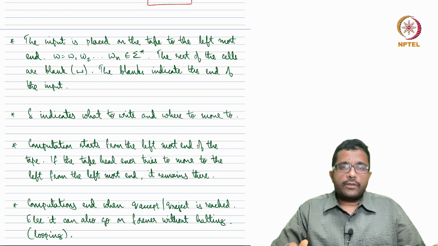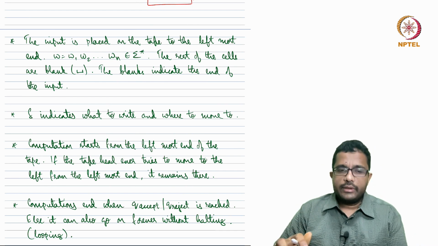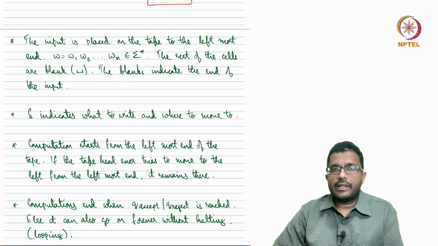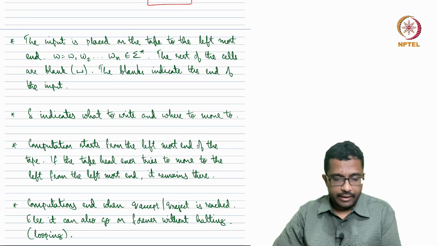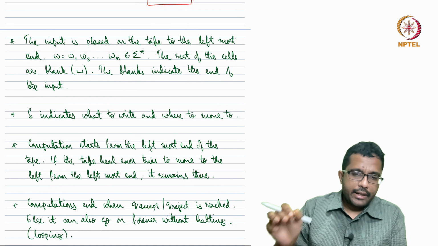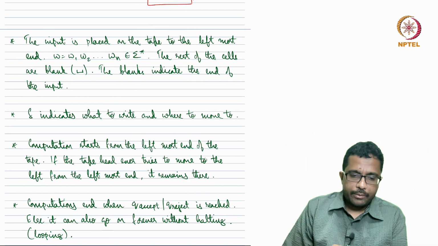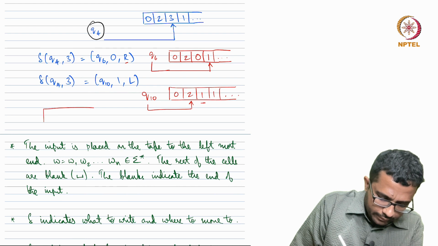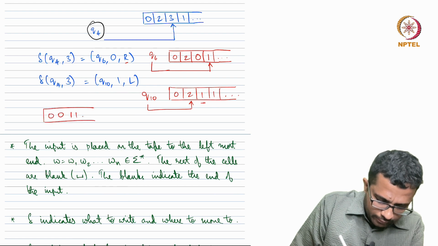So at the beginning of computation, just like you give an input to the DFA or an NFA, you want to give something as an input to the Turing machine, right? So then you keep the input in the left side of the Turing machine. Suppose the input is 0011, right? Then you write 0011 on the tape followed by blanks.